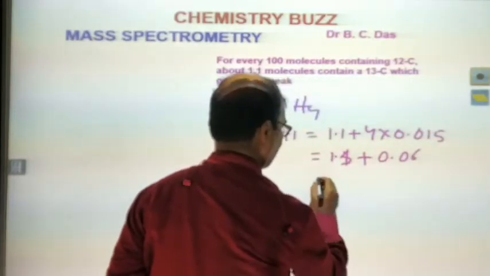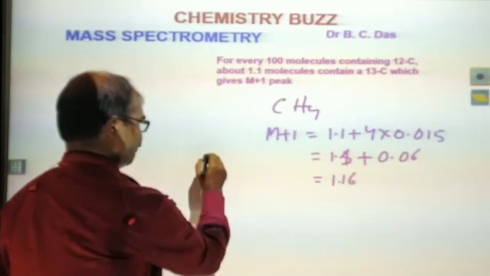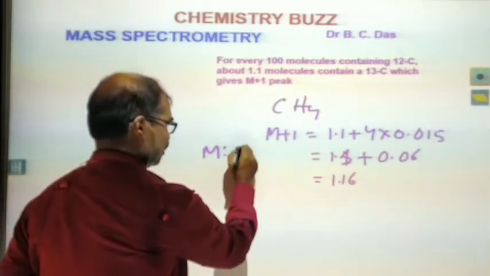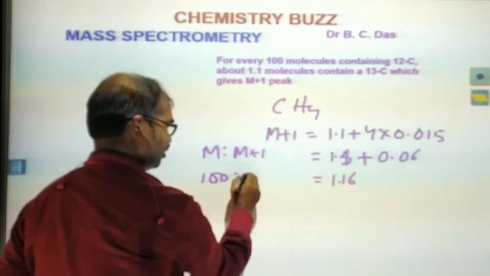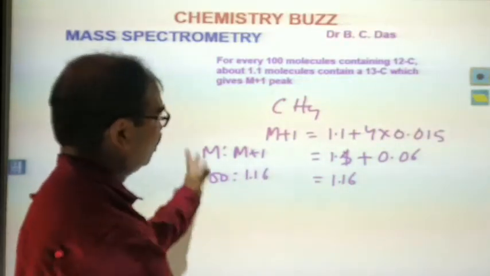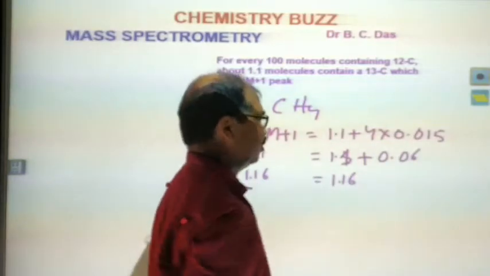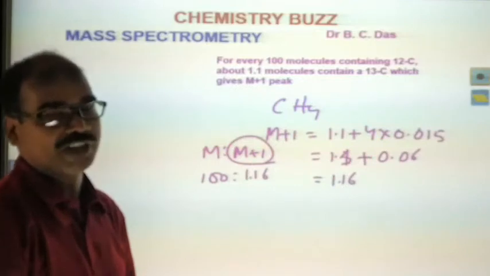So this will be 1.16. So your M to M+1 ratio will be 100 is to 1.16. So the M+1 peak is not noticed.